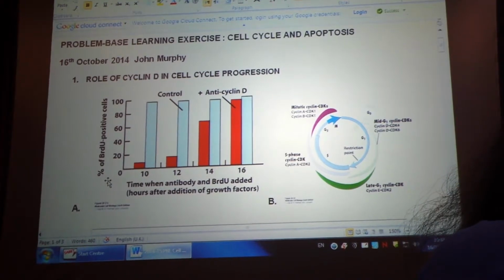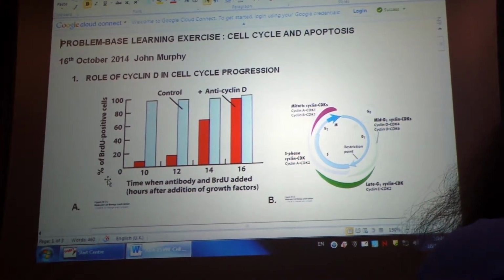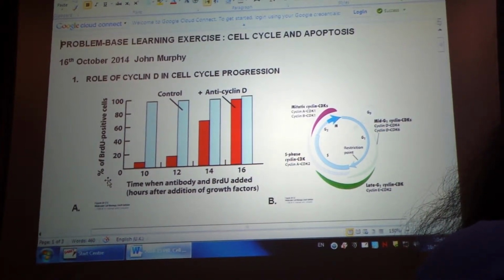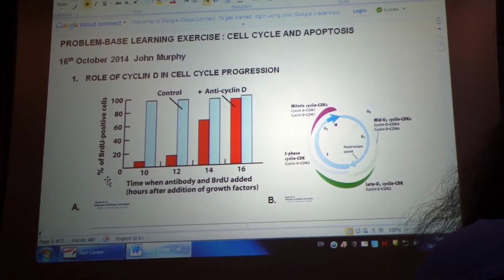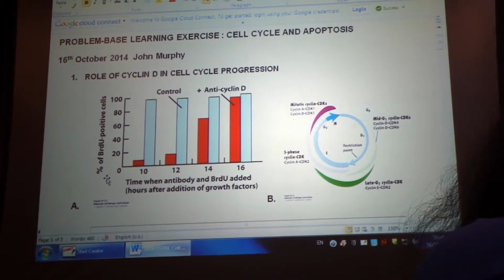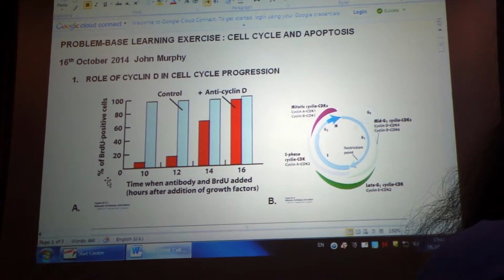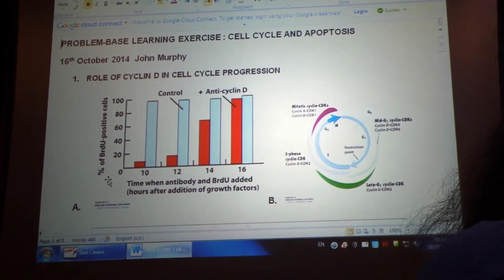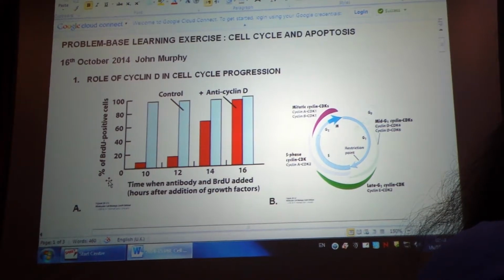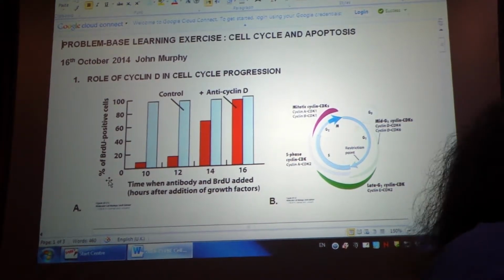Now that is slightly complicated. Control cells have no anti-cyclin D antibody. So the question asks you, discuss the results of the experiment in A. Looking at A and B, what do the results of the experiment tell you about the role of cyclin D in the cell cycle?